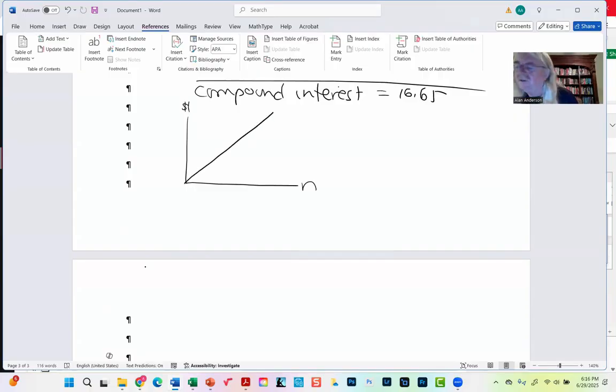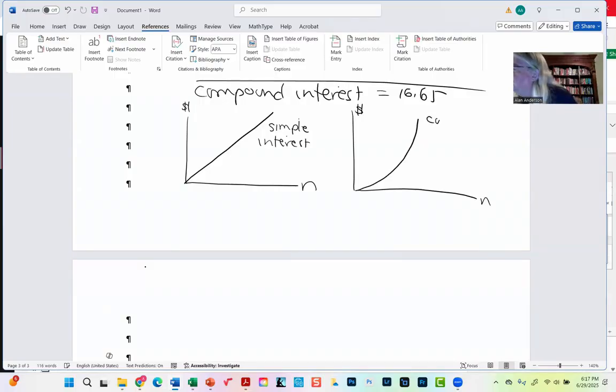It's a linear function. The compound interest, on the other hand, accelerates over time. In fact, in the limit, we'll discuss this later on, it grows at an exponential rate.